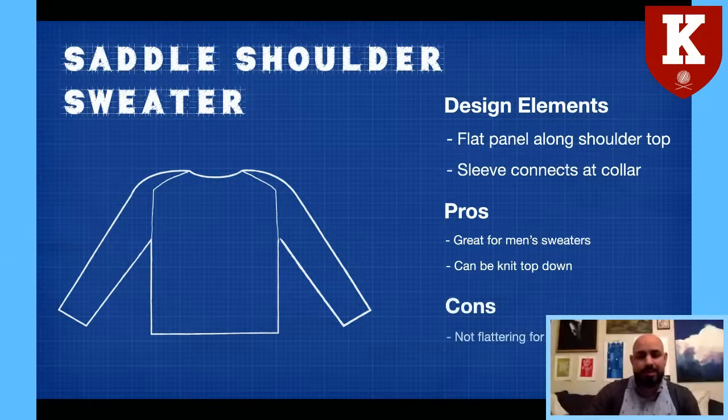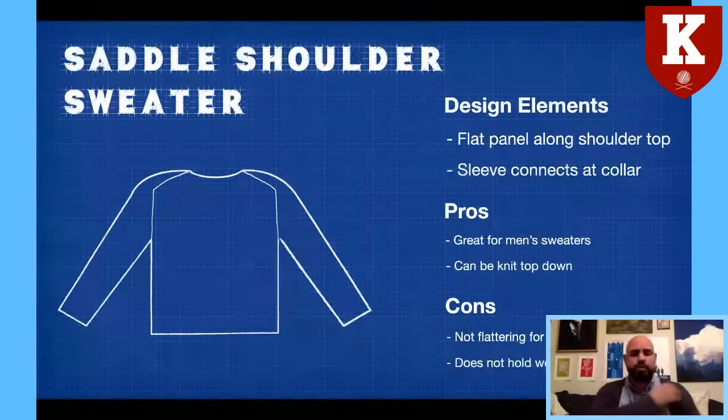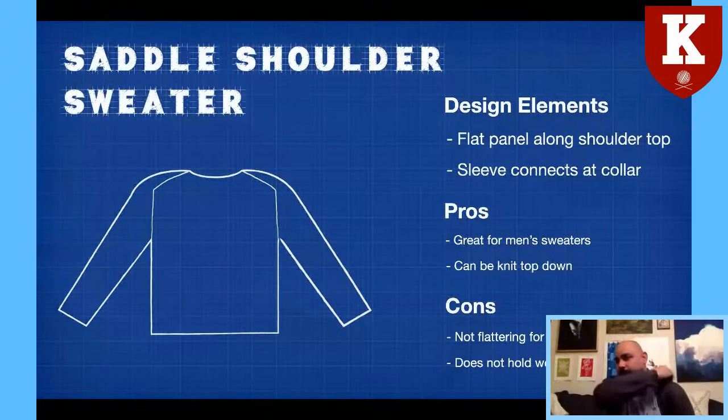Okay, the big con is that it's really not flattering for broad shoulders, as I mentioned, and it holds the weight of the sweater better than a raglan, but it's still not quite as nice. It's highly dependent upon how it's seamed. Because the weight is not on the top of the shoulder, but instead on the outside of the shoulders, it's not as ideal when it comes to sweater weight.